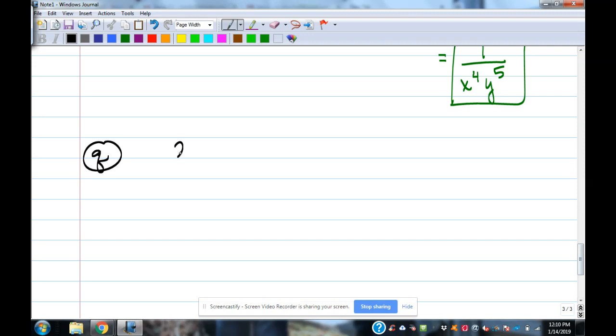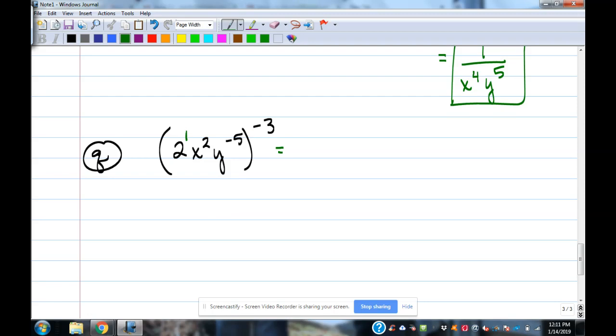Let's say we had 2x squared y to the negative 5 all to the negative 3 power. Multiply what? Yeah, that 2 has a first power.